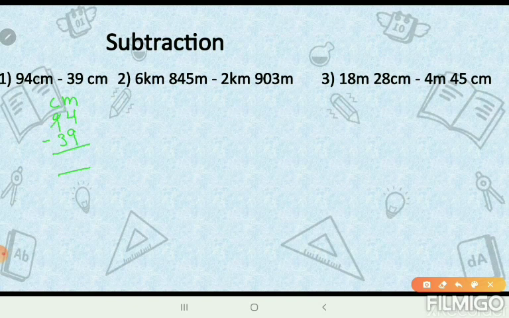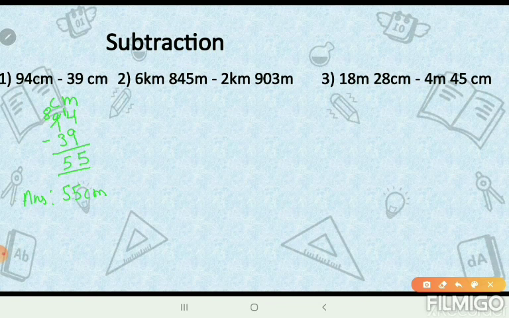So when it borrows 1, it becomes 14 and 9 will get reduced to 8. So 14 minus 9 is 5. Okay, and 8 minus 3 is again 5. So what is your answer? Answer is 55 centimeter.